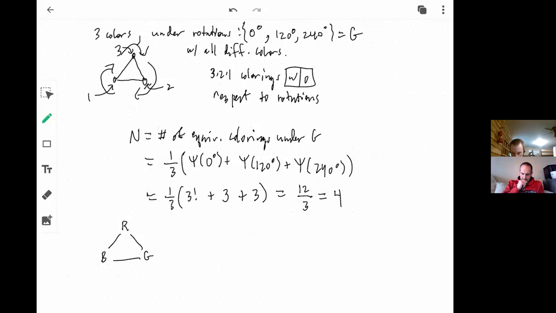One-third times that. Okay, well, what about this? Red, blue. Oh, what am I writing here? Green, blue. Would those be non-equivalent?